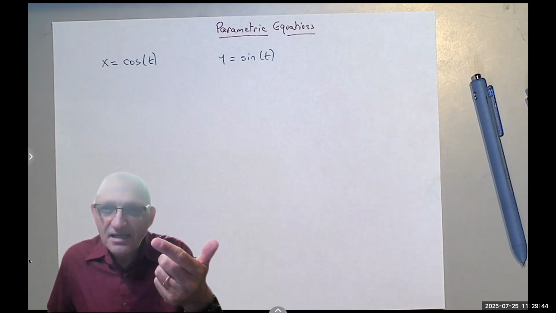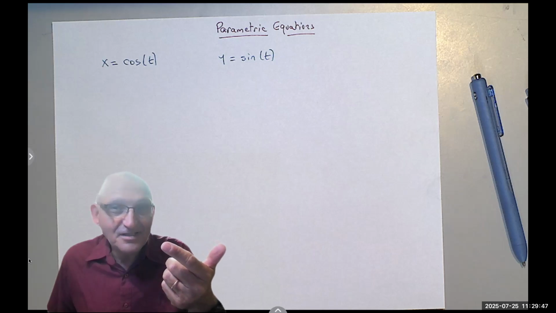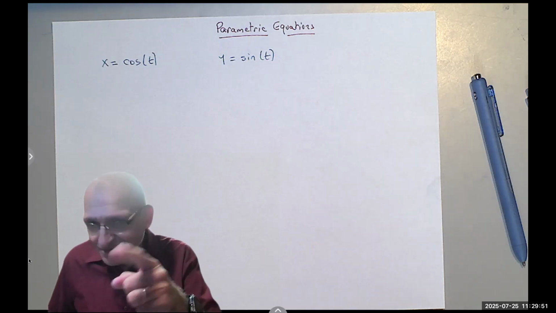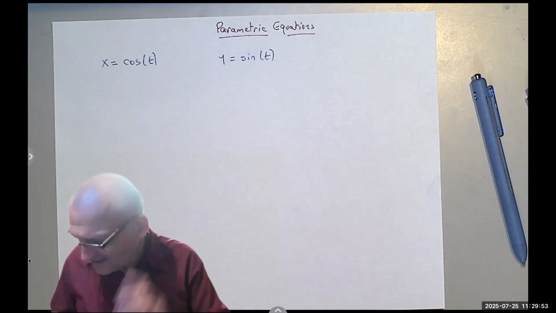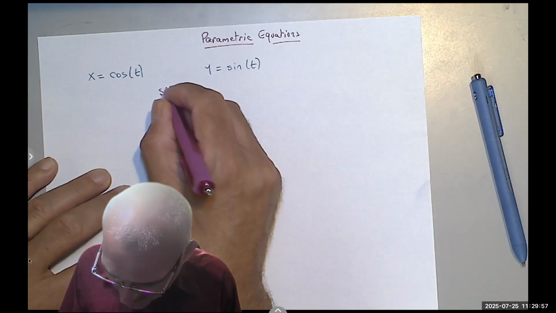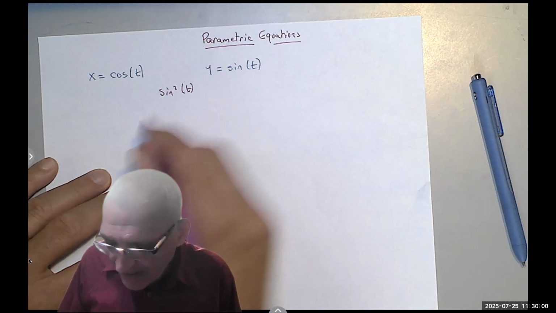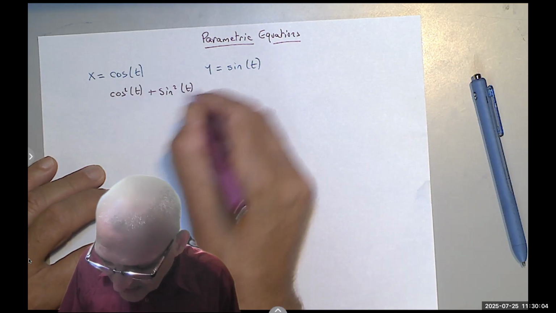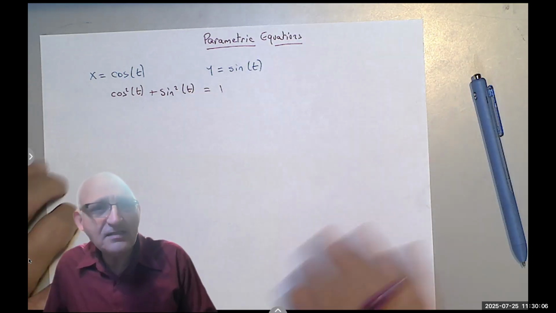Think trig identity. What do you know? But anyway, we know that cosine squared t plus sine squared t equals 1, right?